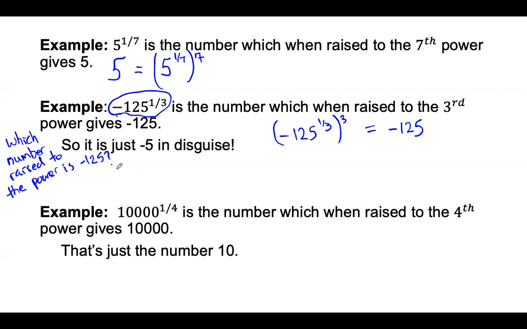So for example, x to the power 3 is equal to -125. So what number raised to the power 3 gives -125? So this implies x is, right, perfect. x is equal to -5. Hope this makes sense.